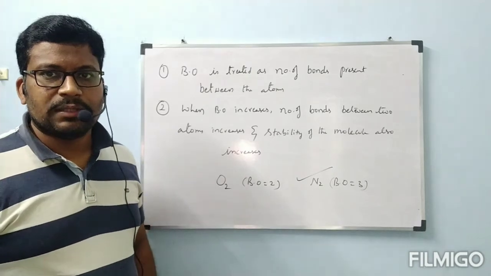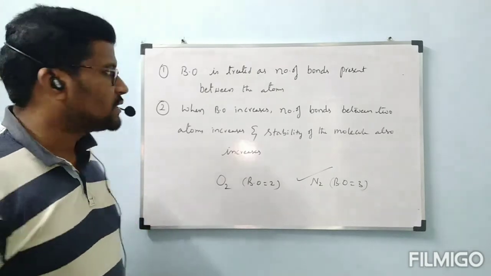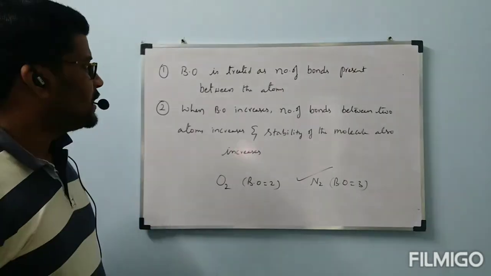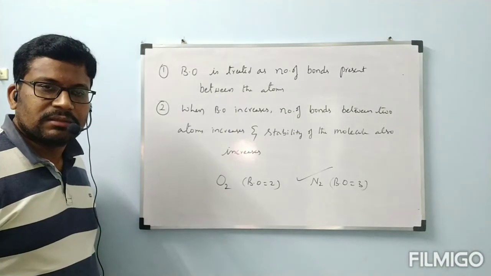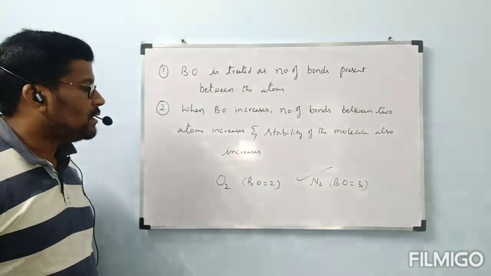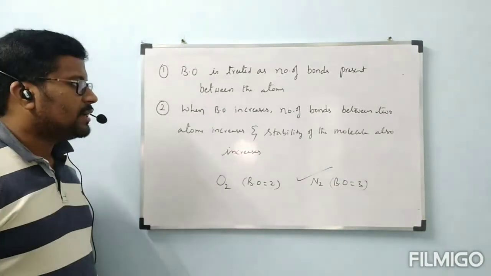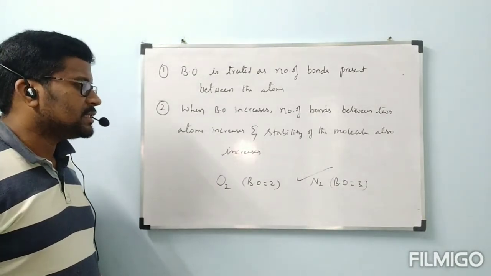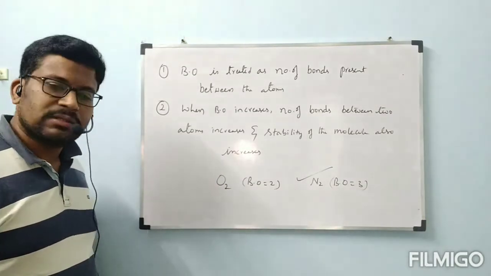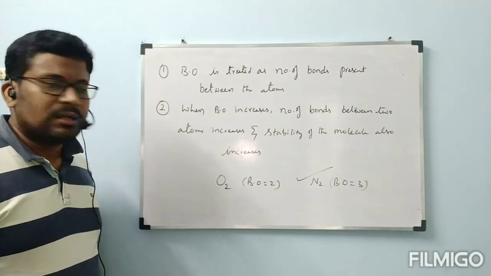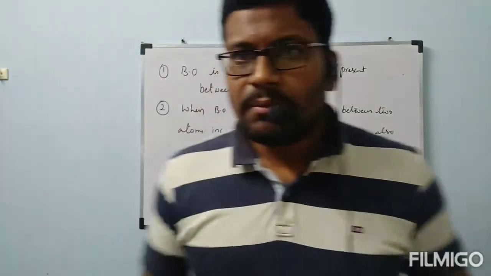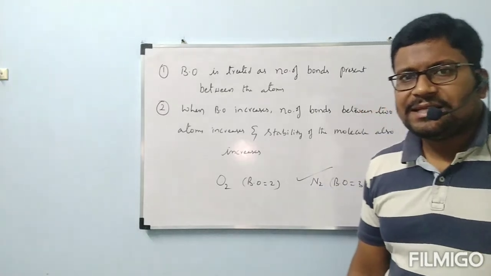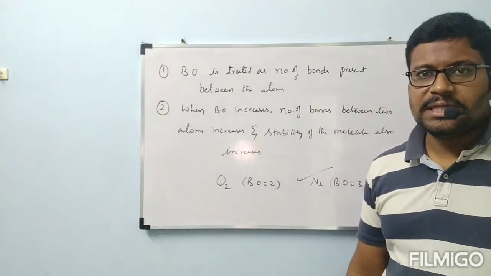Just observe the points now carefully, all of you. First one, bond order is treated as number of bonds present between the atoms. Next, second point, when bond order increases, number of bonds between two atoms increases, and stability of the molecule also increases. So by using this bond order value, we can say the stability of the molecule easily.